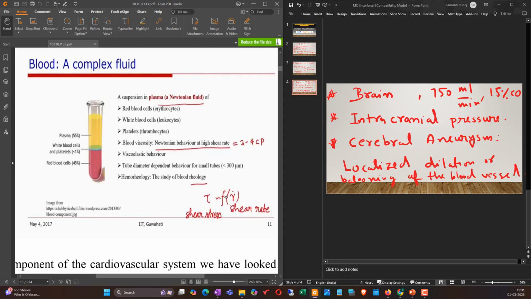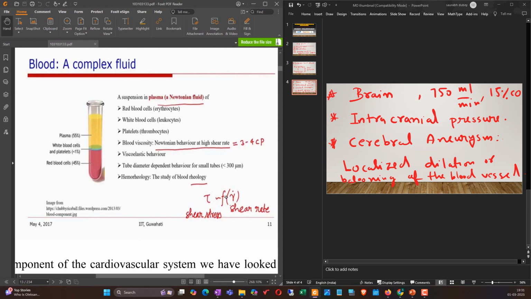So if you see this, here is a suspension of plasma, which is considered as Newtonian, but blood as a whole is considered as non-Newtonian, which comes into the category of the pseudoplastics, right? And if you see the red blood cells, they are called erythrocytes.